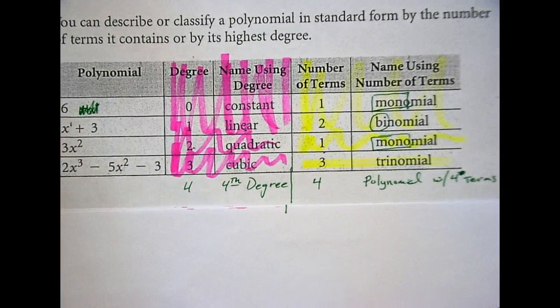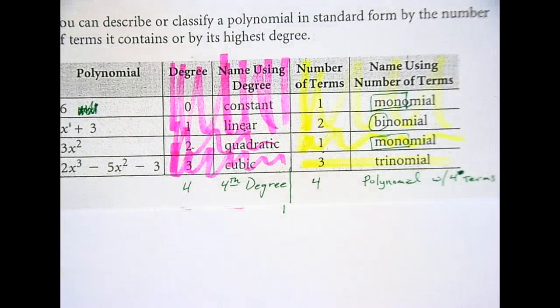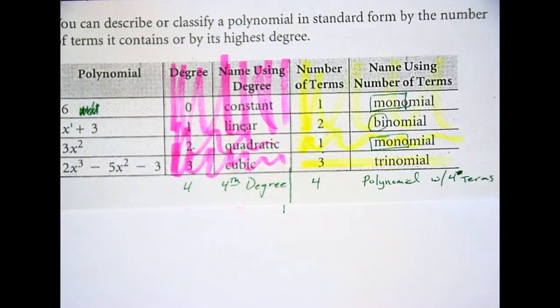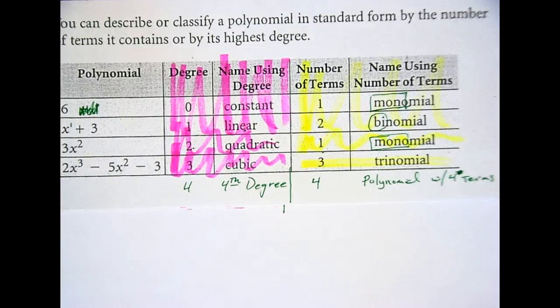So we get kind of generic after 3. All right. Any questions there?